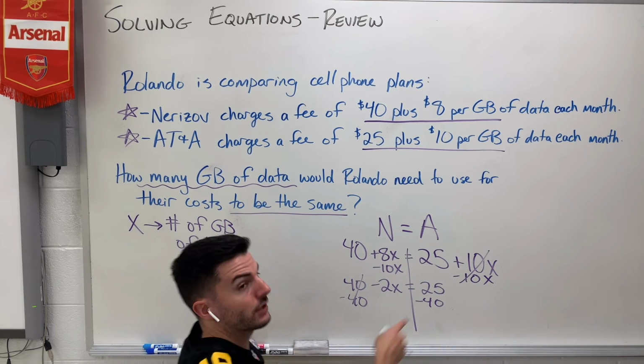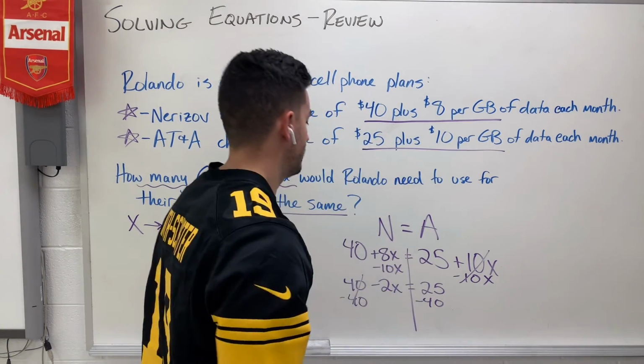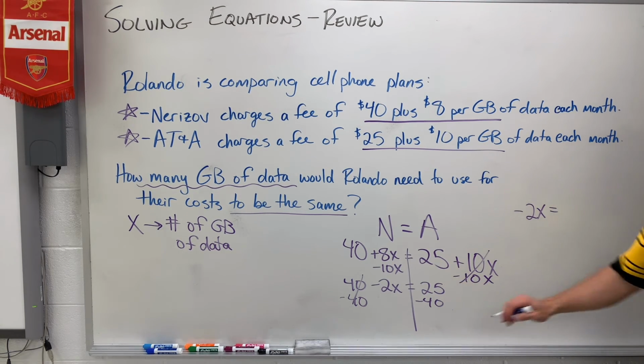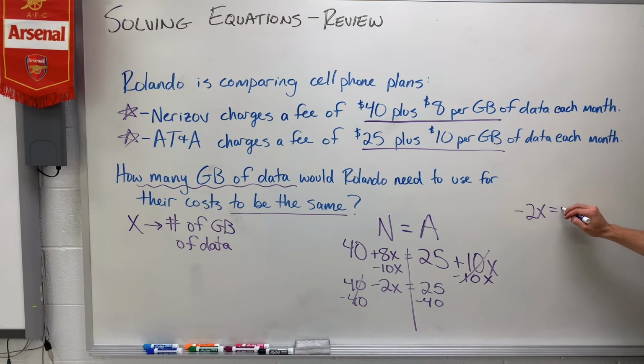So I'm left with negative 2x equals 25 minus 40, which is negative 15. And then I divide by the negative 2. So x equals negative 15 divided by negative 2, which is positive 7.5.